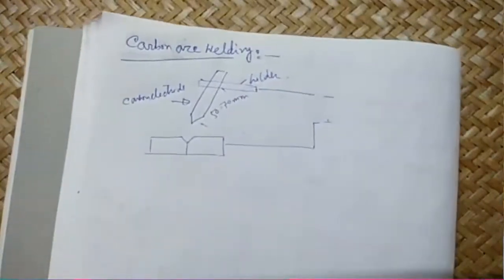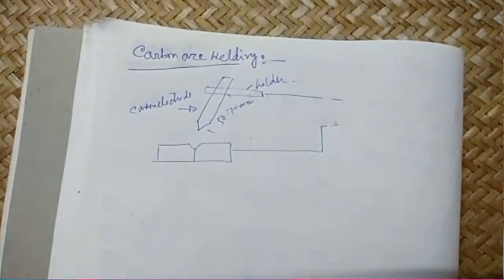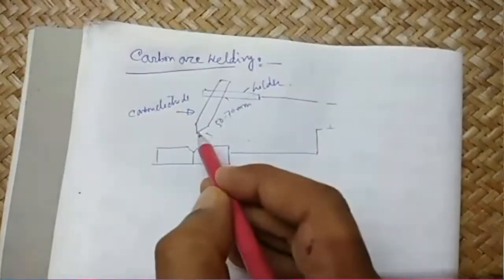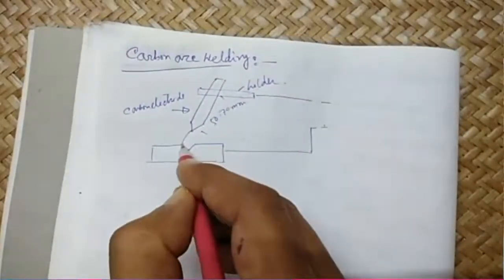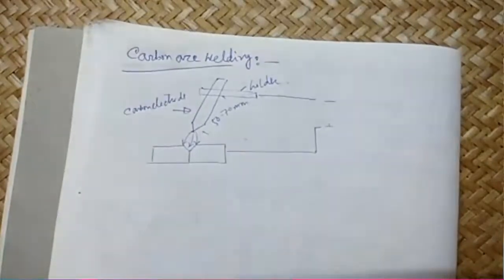In carbon arc welding, we normally use DC current, and the preferred polarity is straight polarity, that means electrode negative. Why? Because if the electrode is negative, the electrons will strike the job and most of the heat will be generated on the job.